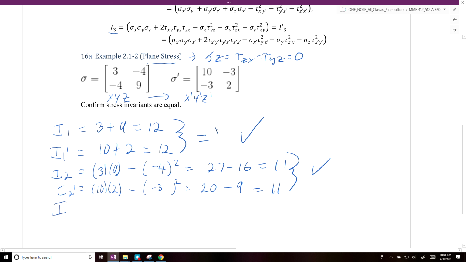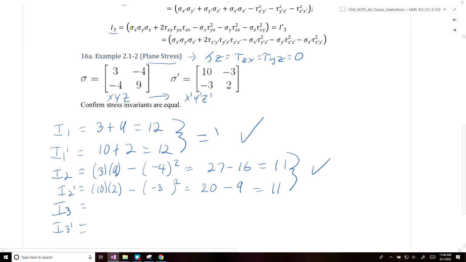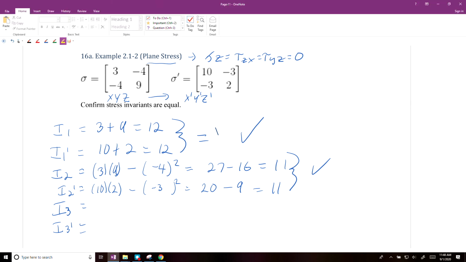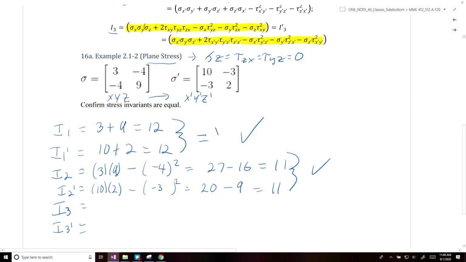Because we have all of these 0 terms, if we look at the third stress invariant equations, every term has either sigma z, tau zx, or tau yz.